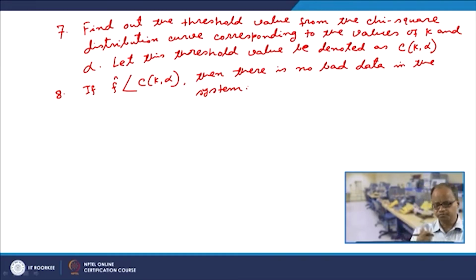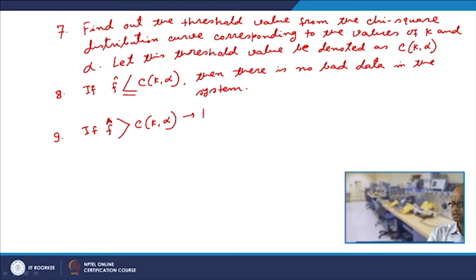And if this value is greater than C k alpha, then the presence of bad data is detected.